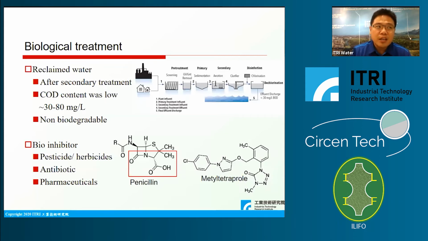The biological system has so many advantages, the cost is cheap and it has high throughput to treat the CODs. But to face this kind of situation, we cannot use the biological treatment to do it.